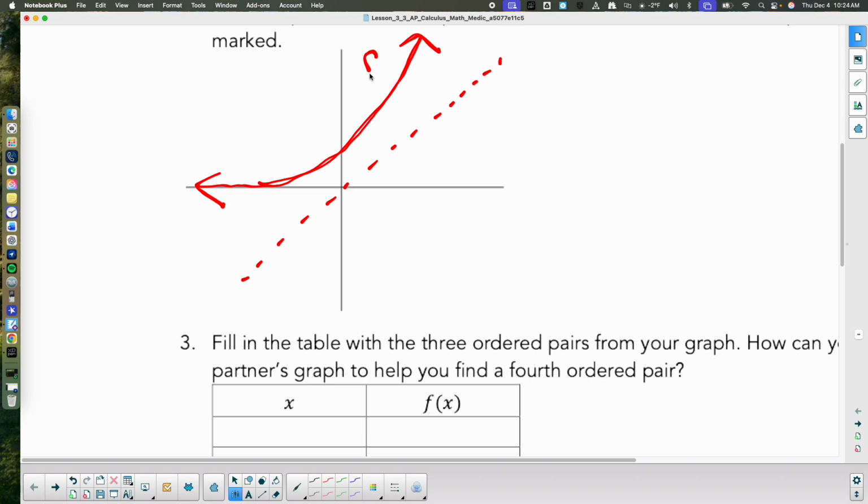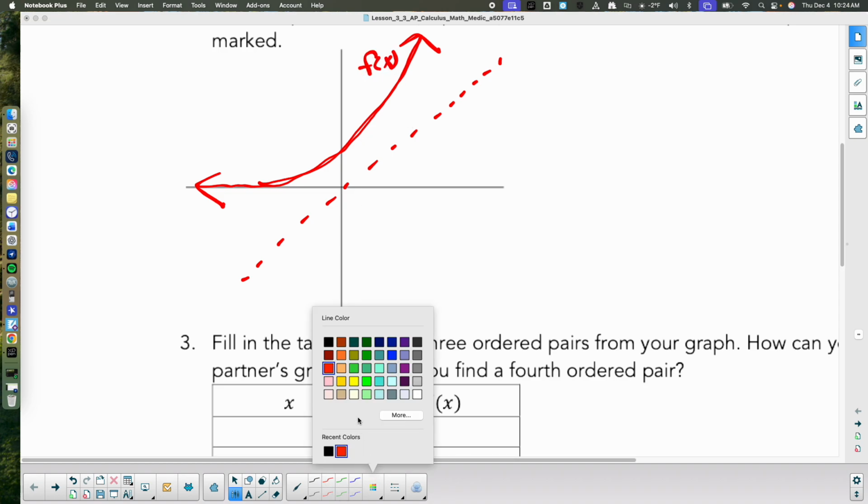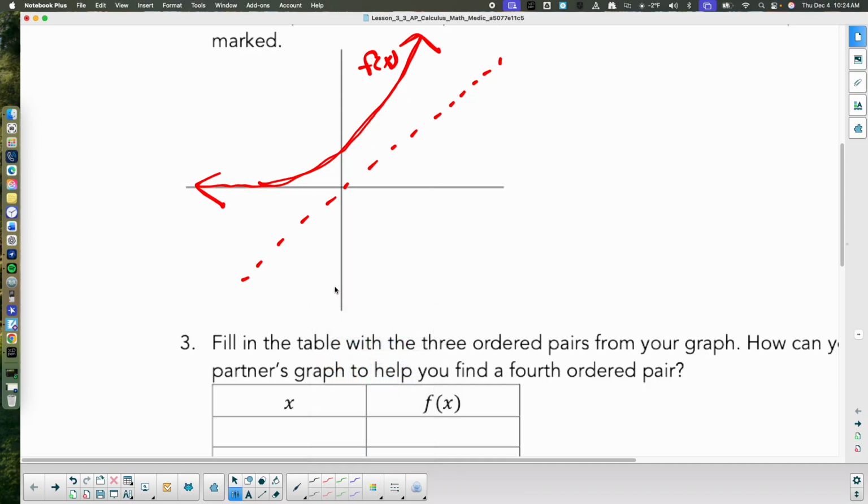So let's pretend this is f of x. g of x, or f inverse, would just be the mirror image around this dotted line. So it would follow this one and probably like that. Something close. That's probably the best mirror image I'm going to be able to draw.